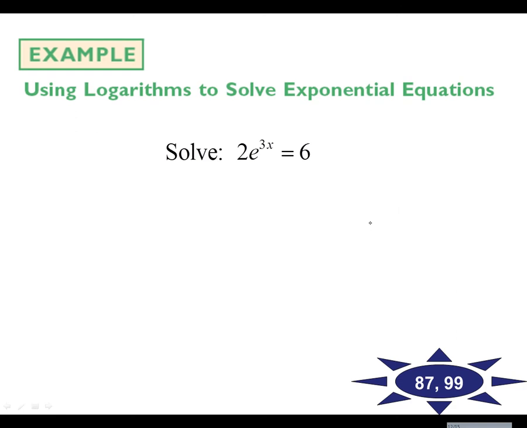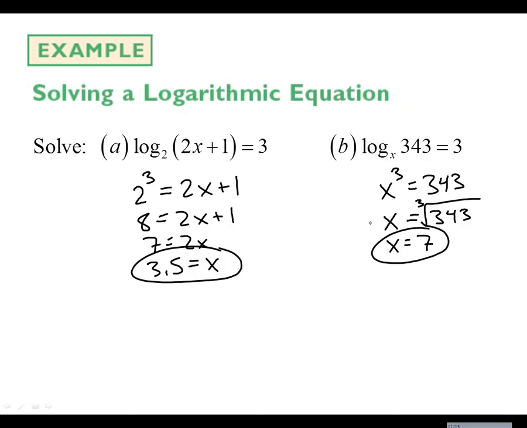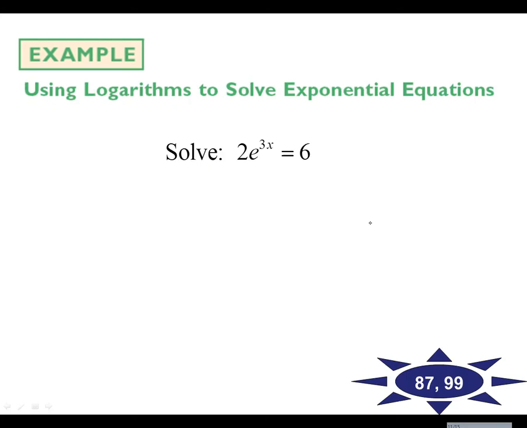Let's solve this one. In this problem, we started with logs and changed them to exponents to figure them out. In a problem like this, where the x is in the exponent, we're going to need to use logs to help us out. So we've got e to the 3x equals 3, after dividing both sides by 2.